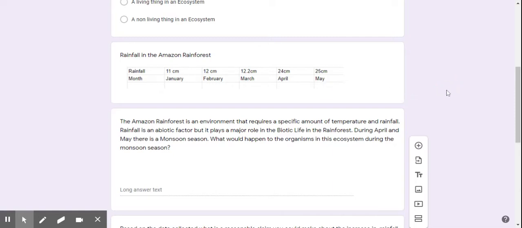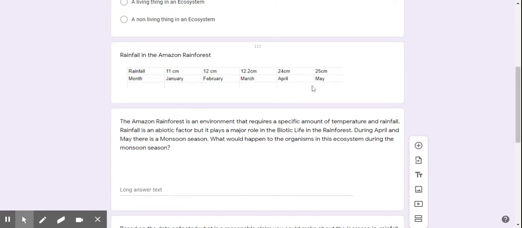This means all the organisms there have probably adapted to this, because this is, of course, the rainforest. So the rain doubles, which means there's more water available. I'm going to predict that my plants are going to increase because of that.